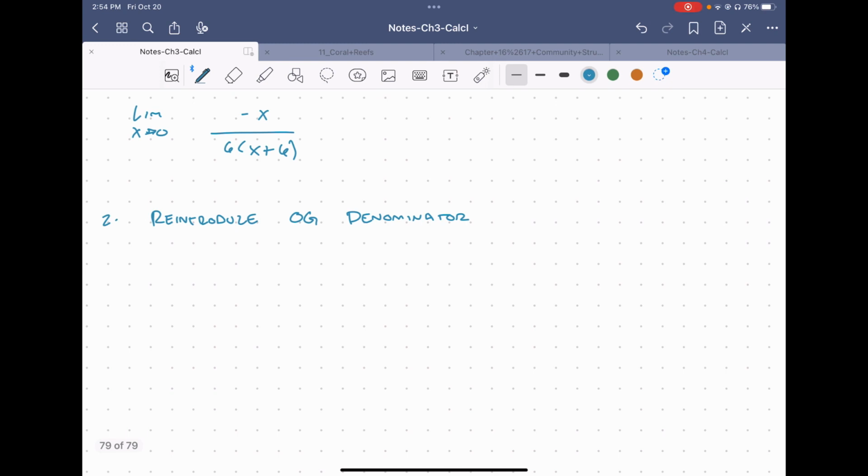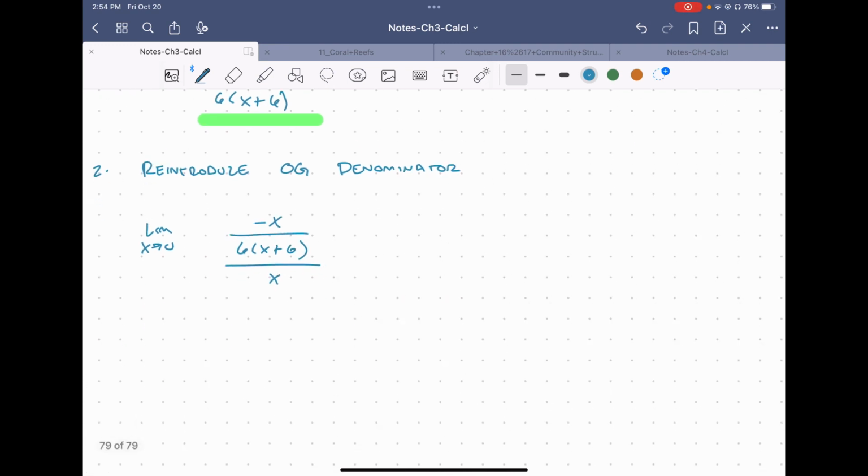So we're going to take the limit as x approaches 0 of our numerator, which is what we got here, 6 times x plus 6, all over x.